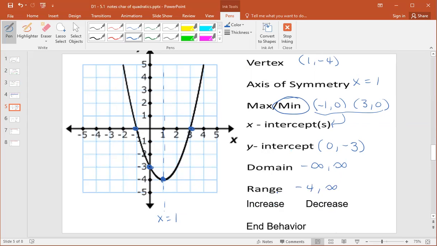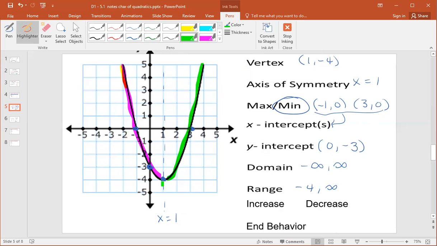Okay, increase and decrease. What I'm going to do is highlight this a little bit. We said the decreases were red. So this part's decreasing. And then the increasing we had was green. So this part's increasing.